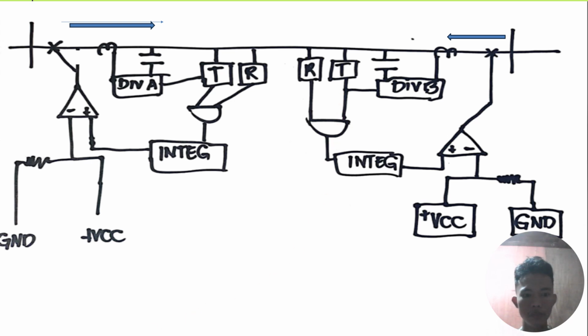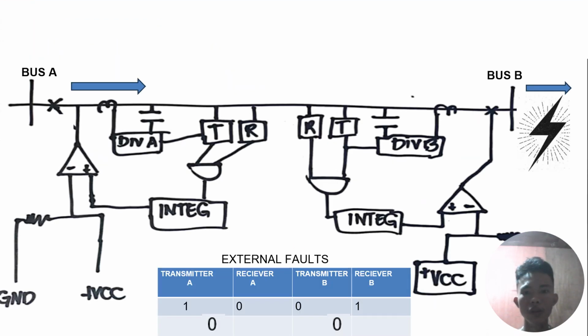So when an external fault happens here at the side, the current flowing from relay 1 is in the forward direction, while the current flowing here at the external fault is in the forward direction also.